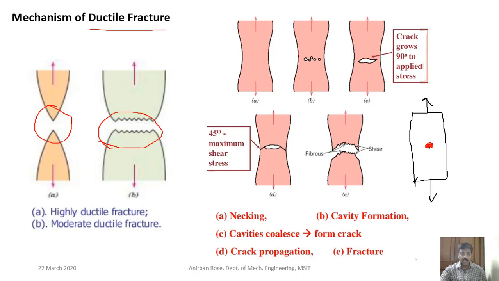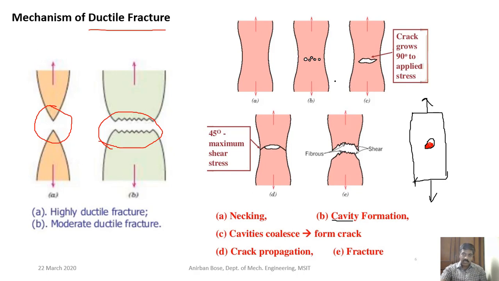Generally these impurities are very hard and brittle. So the surrounding ductile material yields and deforms, but the impurity particle, being very hard, does not yield, and that's why a cavity forms surrounding that particle. This phenomenon is responsible for creating these microcavities in that section, because of the presence of impurity particles within the material.